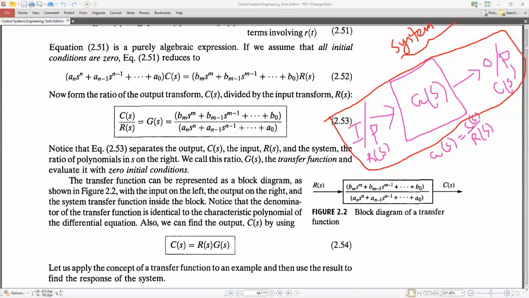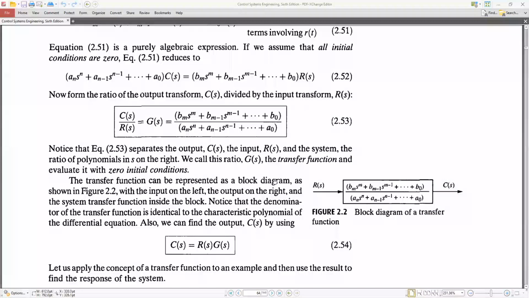So C(s) is equal to G(s) into R(s). That is the transfer function. We can write these equations from the transfer function. It is a very important term in control systems. We'll see one by one.